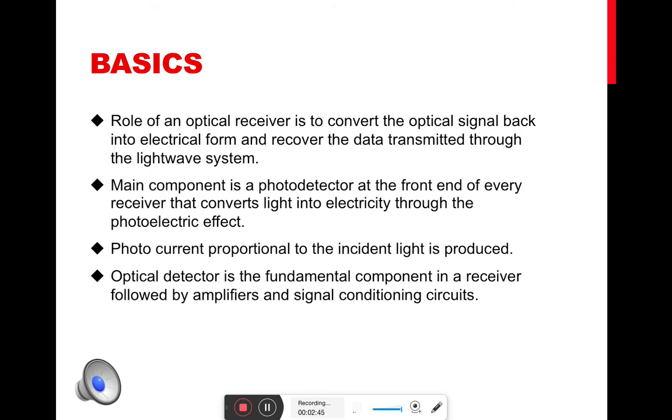So this optical detector is one of the important parts in the receiver. Again summing up, the function of the receiver is to convert the light signal to an electrical signal, and this converted electric signal should be proportional to the light that is coming into the receiver.